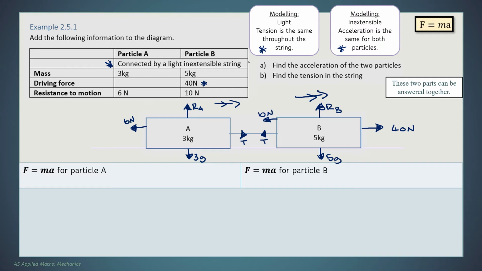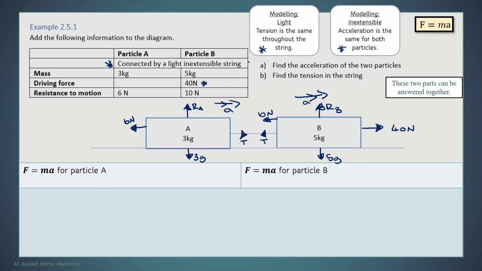And in an exam question, you may get asked at the end of the question, how have you used the information that the string was inextensible, or how could you improve on the model or make it more realistic? And so it's referring to these 2 situations. Because we've got a light string, our tension is the same throughout, and because it's inextensible, our acceleration is the same throughout. So we end up with this system.